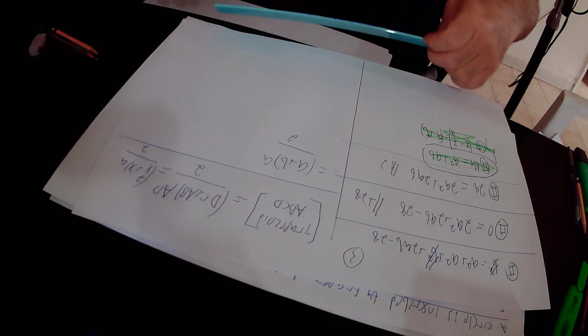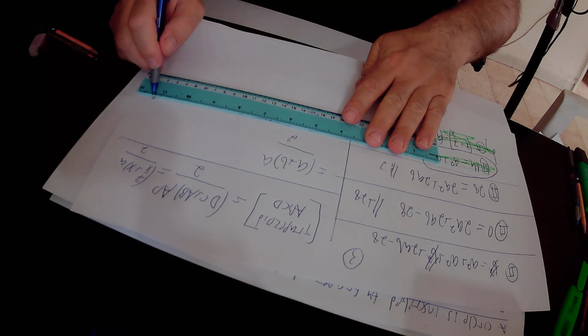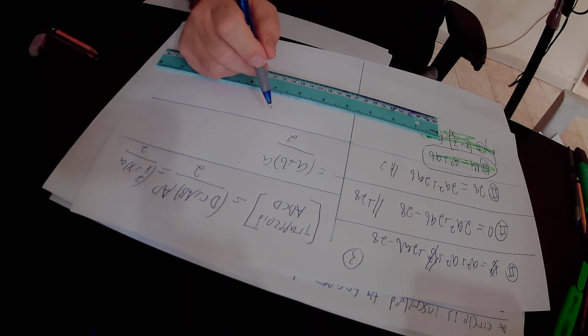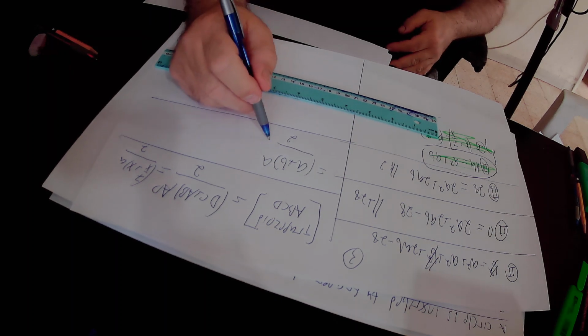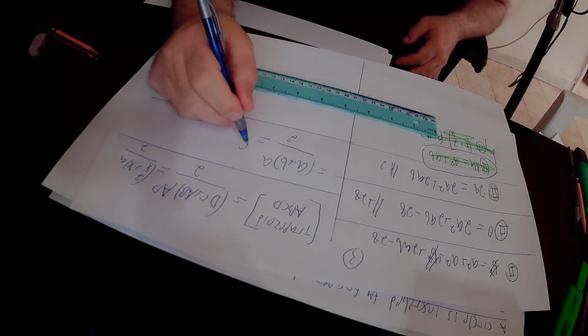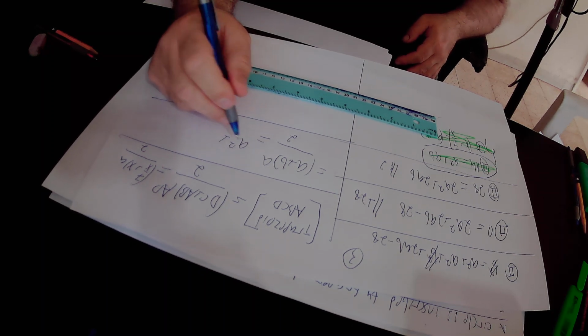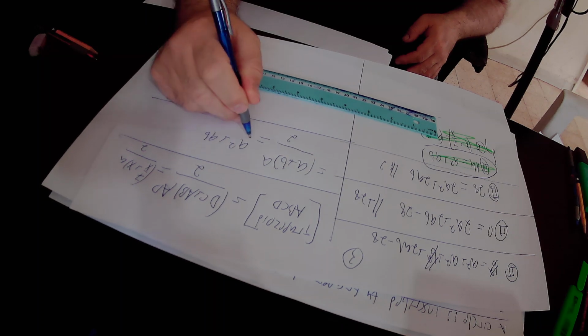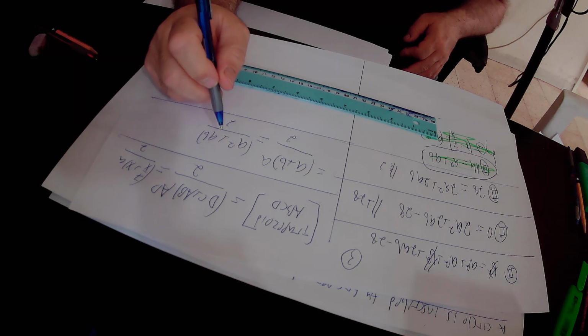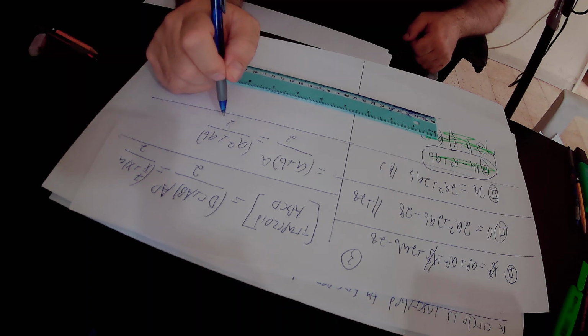So in conclusion, the area of trapezoid ABCD equals a plus b times a over 2. Here we'll open the brackets of this expression and we get a times a is a squared plus a times b is ab, divided by 2. So the area of trapezoid ABCD equals a squared plus ab over 2.